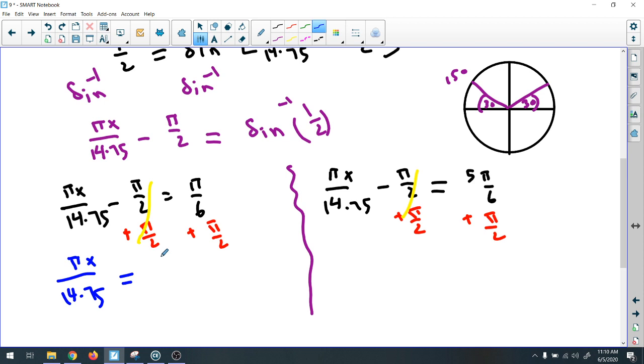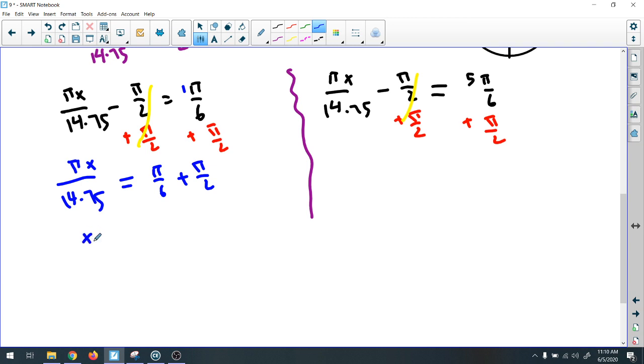Using a common denominator, this is pi over 6 plus 3 pi over 6, and 3 plus 1 is 4, so it will be 4 pi over 6, which is 2 pi over 3.